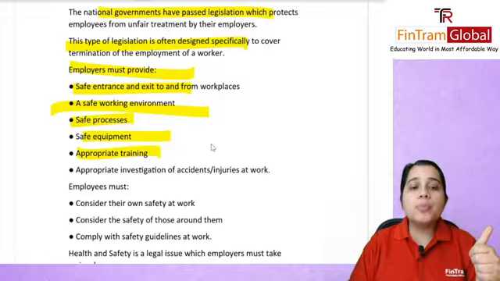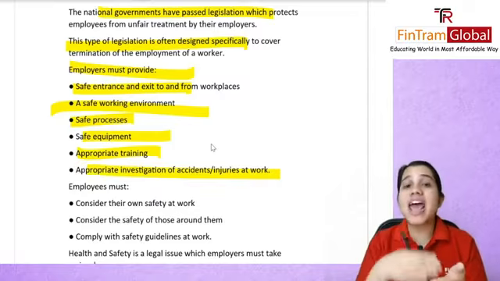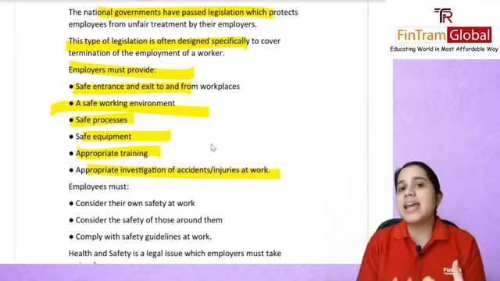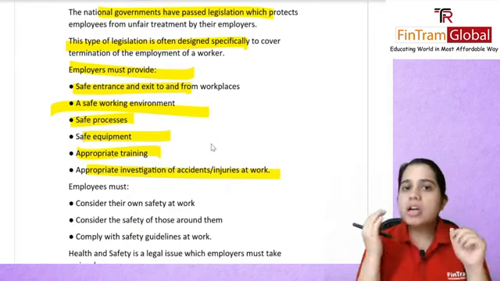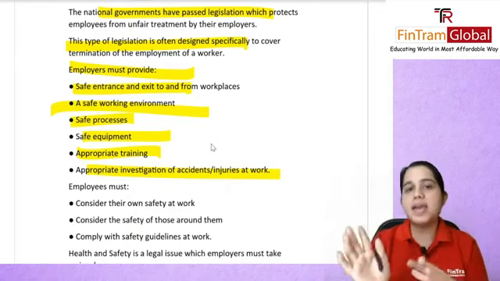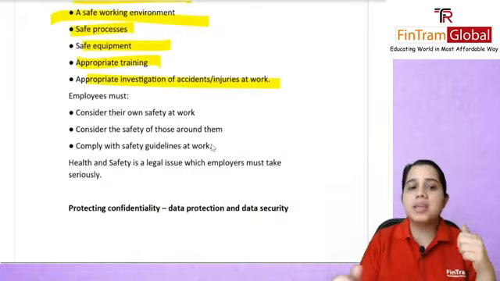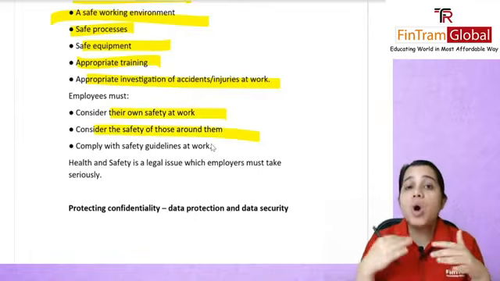You need to give appropriate training and also investigate if there were any injuries or accidents at the workplace. These are some of the responsibilities that employers have towards their employees for maintaining good and safe conditions. Employees also need to consider their own safety at work and also the people around them.